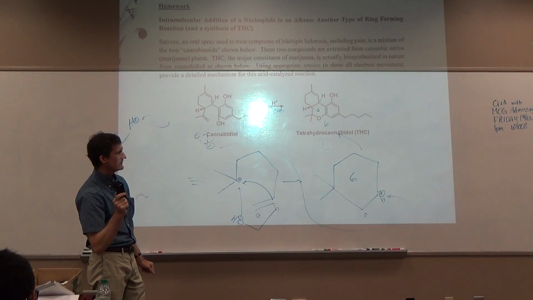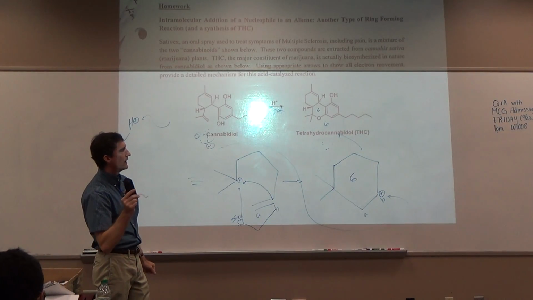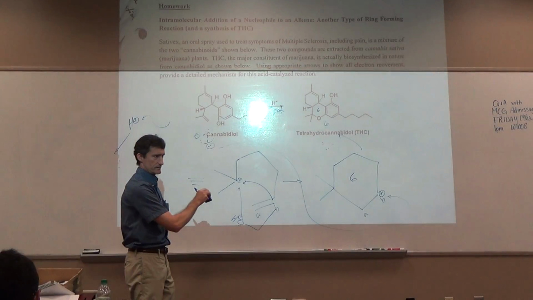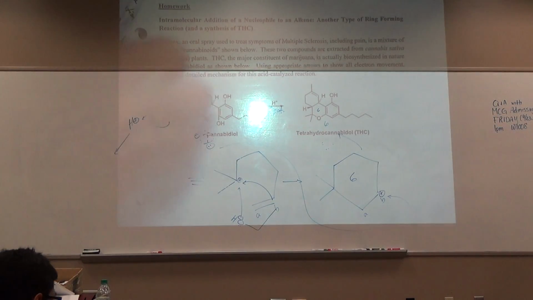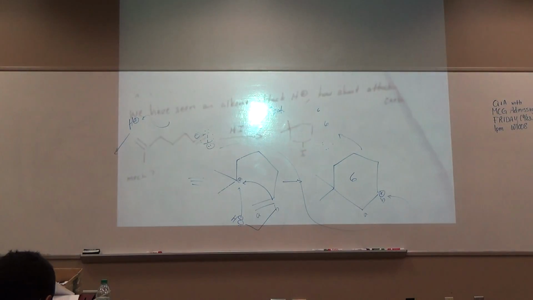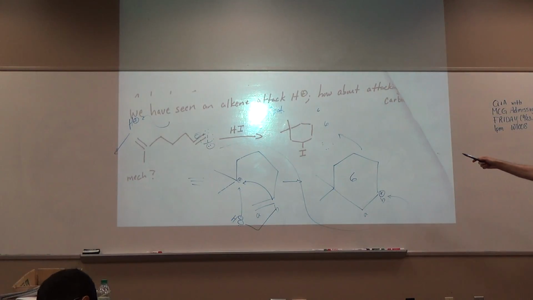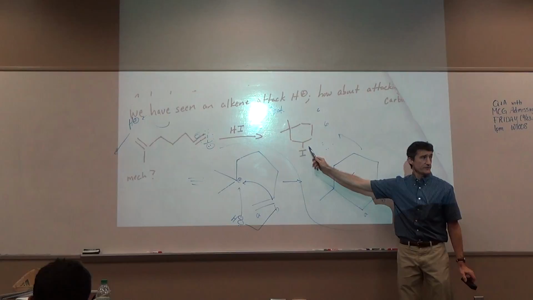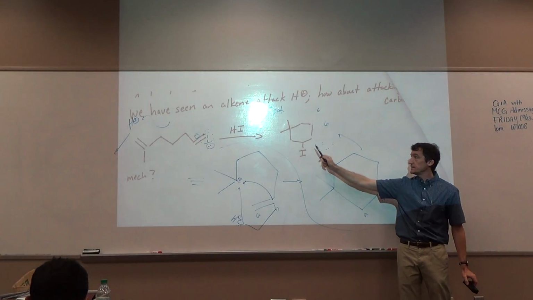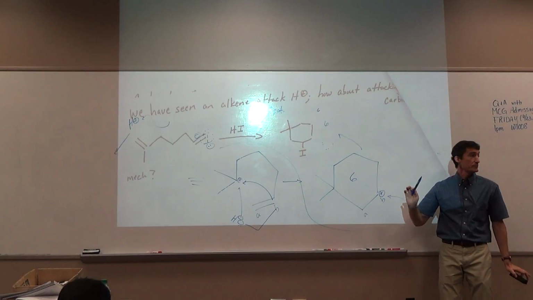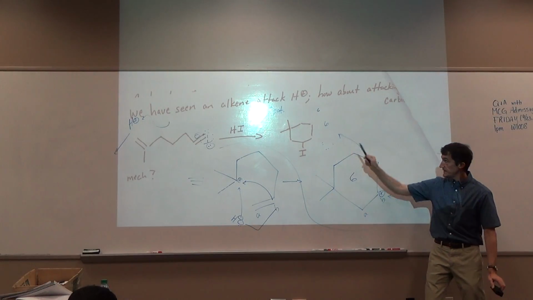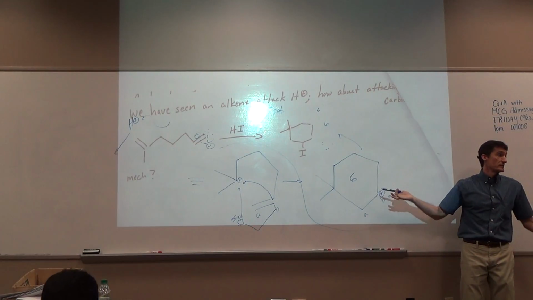But hold on, though. This was not a predictive product reaction. Very important. The product was given. Product's given. You need to show a mechanism for getting this. There's no predicting products here. And to get that product, iodine just adds there and you're done.